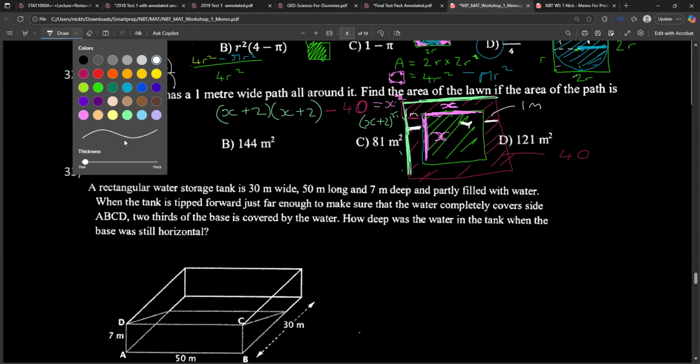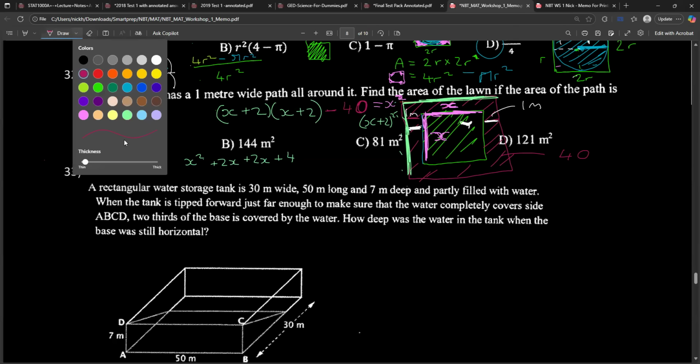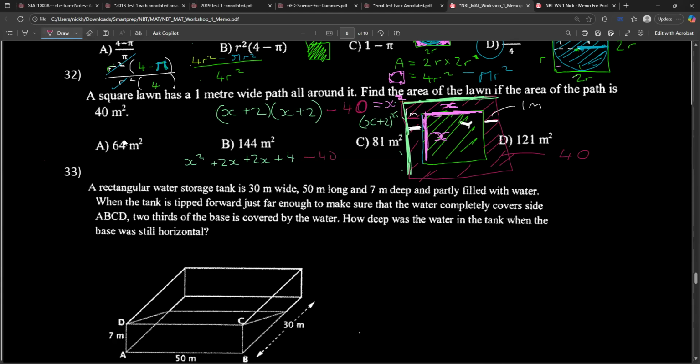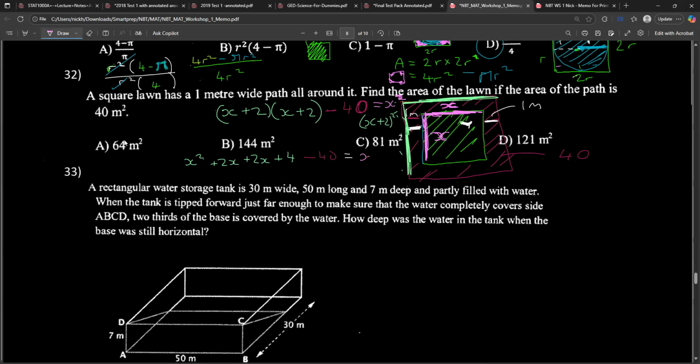So we get x plus 2 times x plus 2, which is x squared plus 2x, I'm not going to take shortcuts, plus 2x plus 4, minus 40, is equal to x squared.